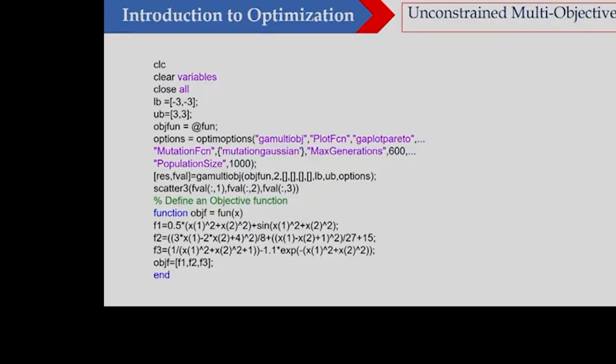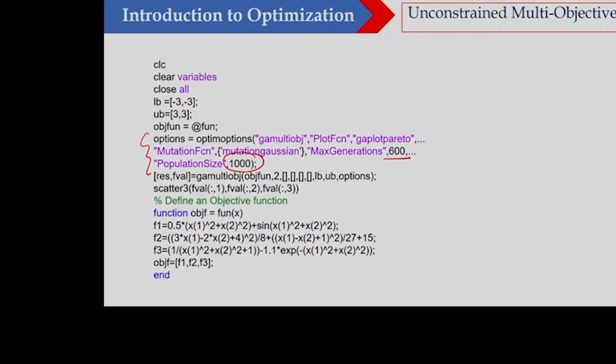So, here I can put this option. I am putting generation 600 and population size 1000, so that I am getting a continuous Pareto optimal front. So, I can increase the population size using this option.